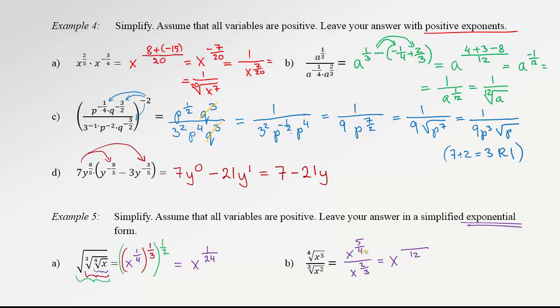To make it 12 we multiply the top fraction by 3 in the top and the bottom, and the bottom fraction by 4, top and the bottom. Okay, so we end up with 15 minus 8 equals x to the 7/12. And that's where we stop, because we end up with simplified exponential form as needed.